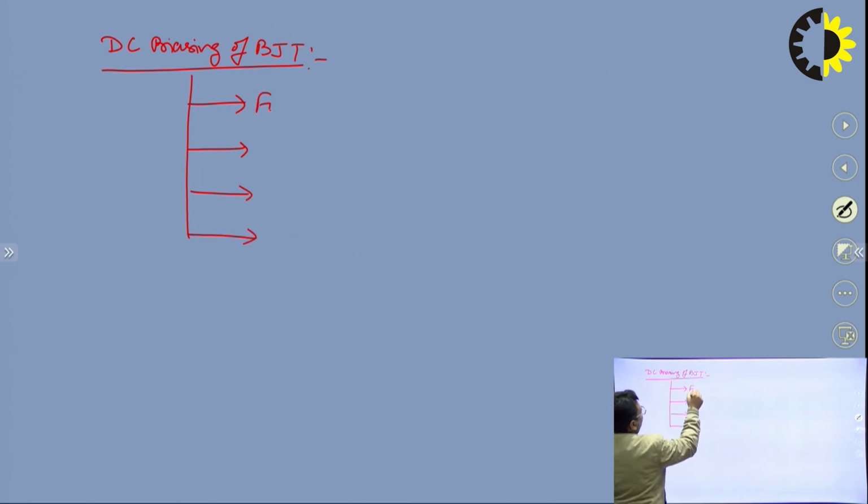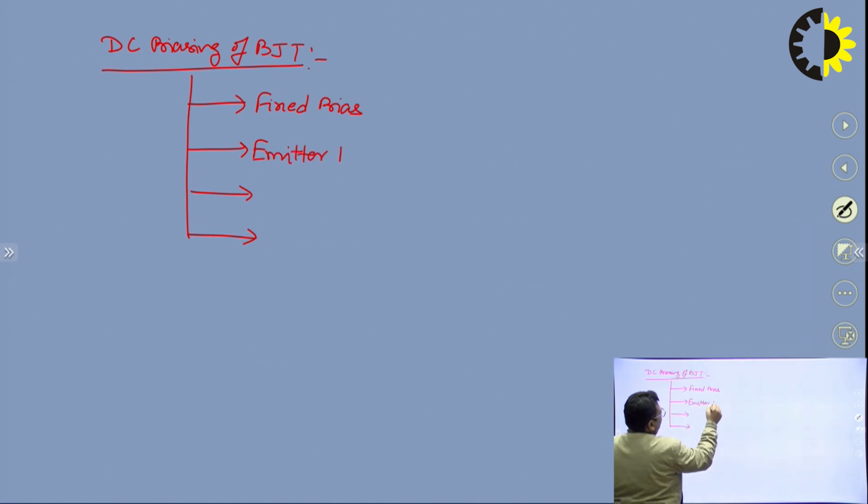First is the fixed bias method. Second is emitter to base bias. Next is collector feedback or collector to base bias.